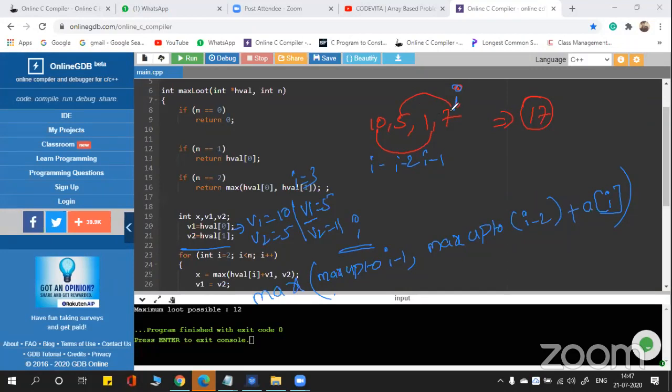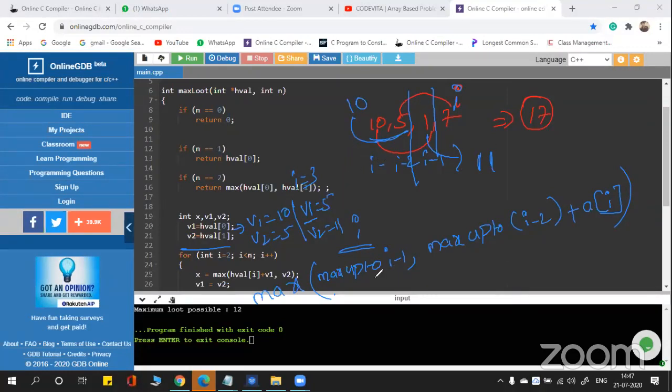So if I is here, what is maximum up to I minus 1? Maximum up to I minus 1 will be 11. I minus 2 is here. What is maximum up to I minus 2? Maximum up to I minus 2 should be 10.